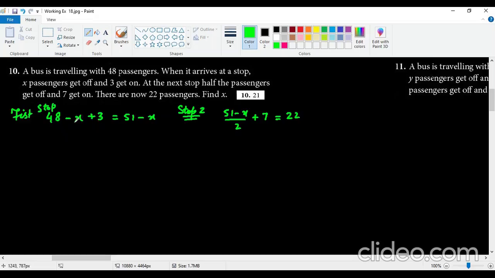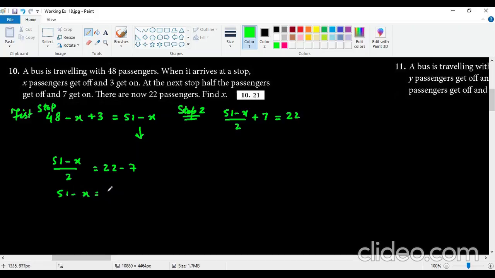Okay, so this happens at the first stop, and this happens at the second stop. Now 51 minus x, when we solve this, it gives us (51 minus x) over 2 equals 22 minus 7. This becomes 51 minus x equals 22 minus 7, which is 15, over 2.